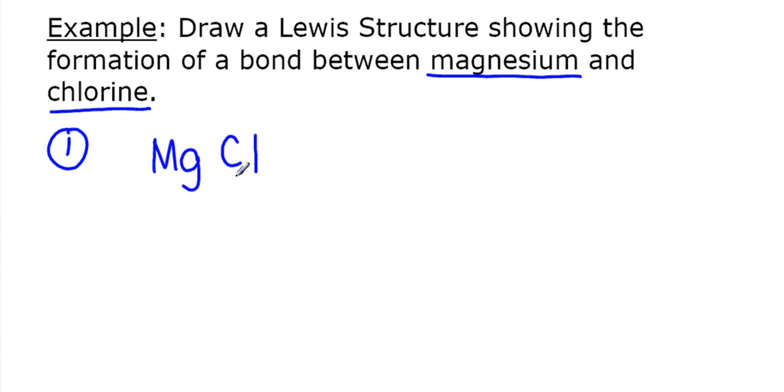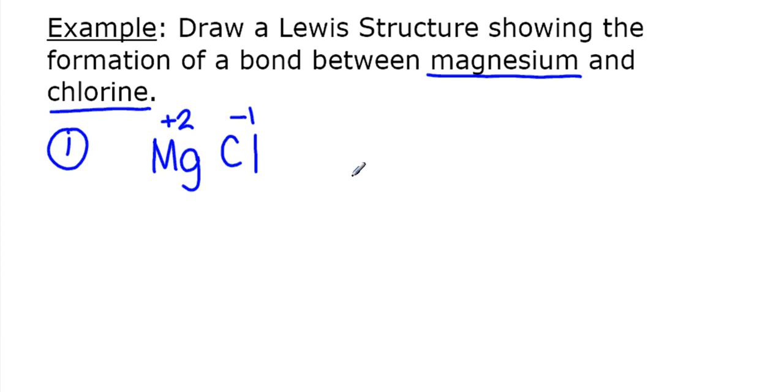Then I need to look on the periodic table for their charges. It should be in the top right-hand corner of the one that's posted on our website. Charge for magnesium is +2, but really we just need to know that it's 2. When you look at chlorine, the charge on chlorine is -1.